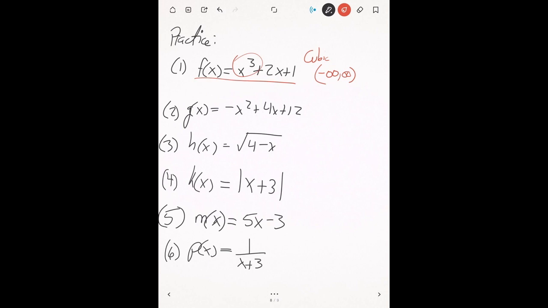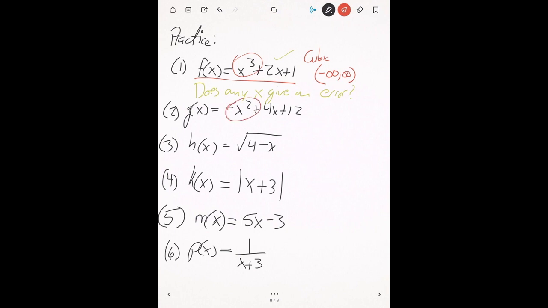A quick way of checking is to ask yourself, does any x give an error? Meaning, is there anything I can't plug in for x? Well, no, I can plug in whatever I want for x here. So we're good. The domain is negative infinity to infinity.